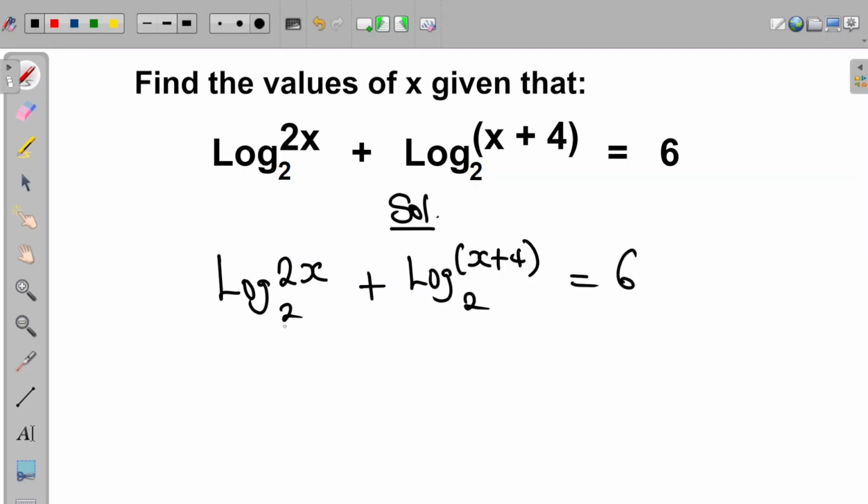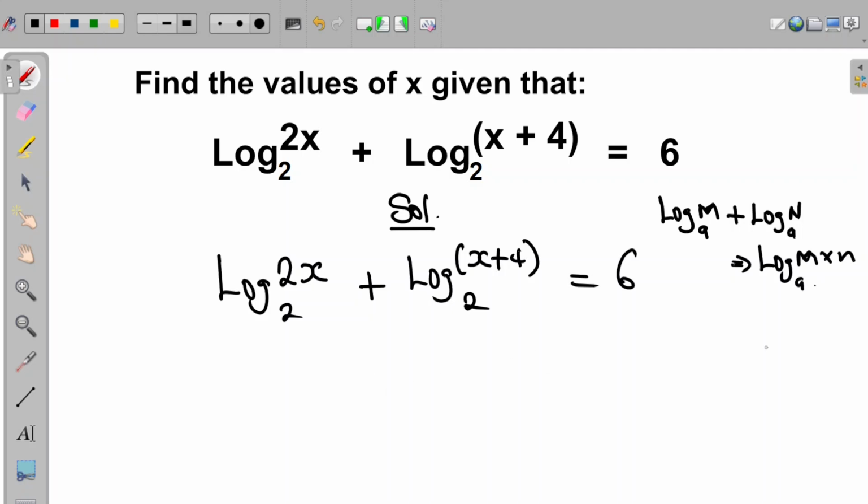Now, since we have the same base here, which is base 2 and base 2, we can apply the addition law of logarithm. The law states that if I have log m in base a plus log n in base a, this is equal to log of m times n in base a.